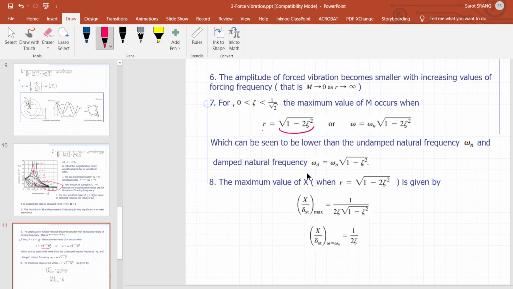And the maximum value of amplitude when r equals the star value can be computed by this formulation.